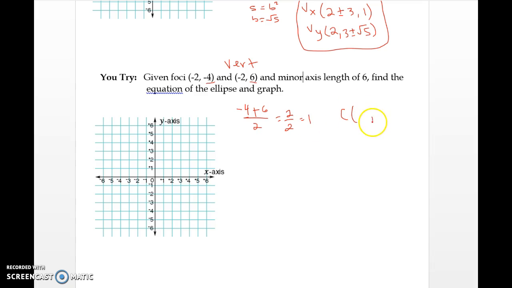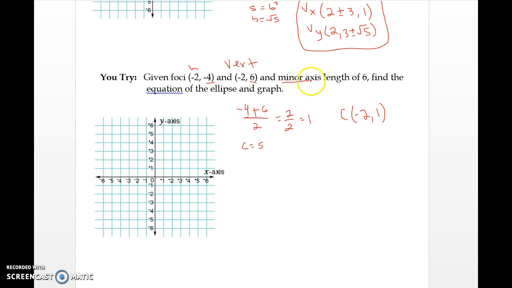So that's the y part of my center, 1. What hasn't changed is your h, that's your negative 2. So we got our center. How did we get from 1 to 6 or 1 to negative 4? We moved 5 in a positive or negative direction, so little c equals 5.